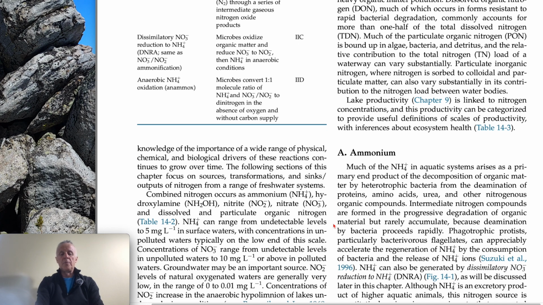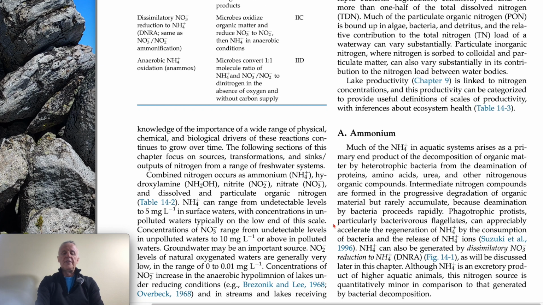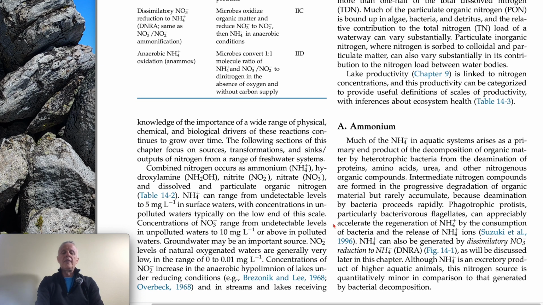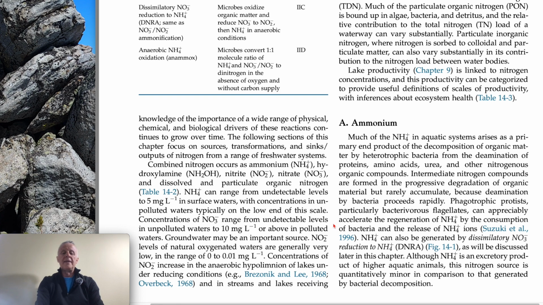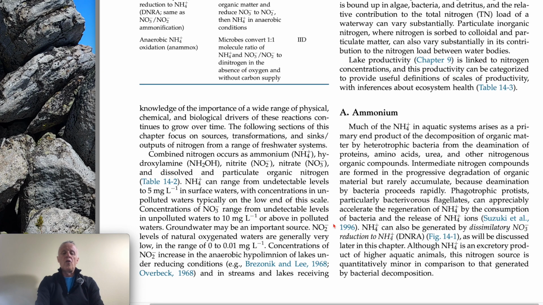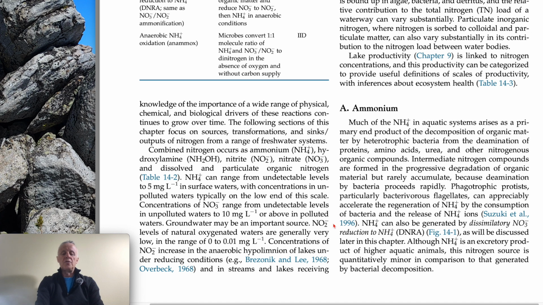Ammonium, or NH4+. Much of the NH4+ in aquatic systems arises as the primary end product of the decomposition of organic matter by heterotrophic bacteria from the deamination of proteins, amino acids, urea, and other nitrogenous organic compounds. Intermediate nitrogen compounds are formed in the progressive degradation of organic material but rarely accumulate because deamination by bacteria proceeds rapidly.